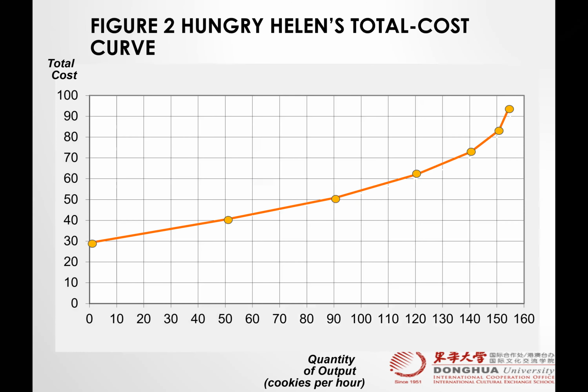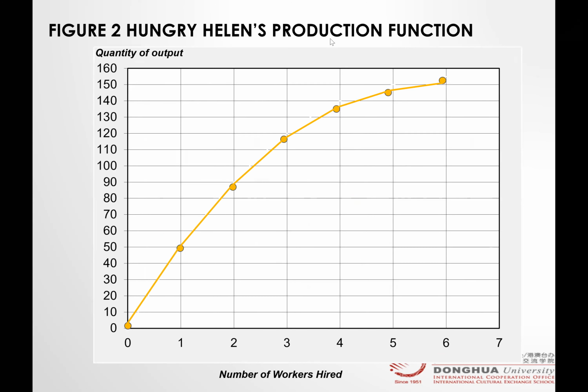Again, the total cost gets steeper when production increases. From here it looks like it is going up toward the y-axis, steeper. When we say the production function gets flatter, it means it moves more towards the x-axis when output increases, right?